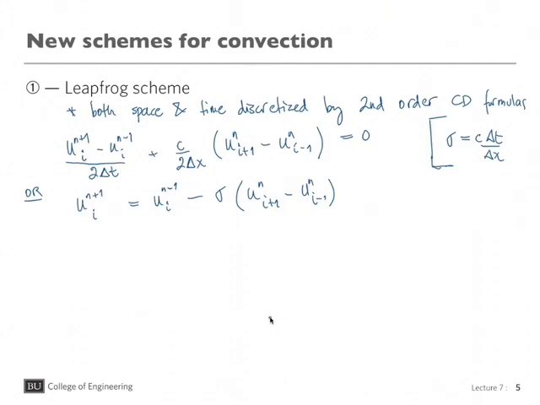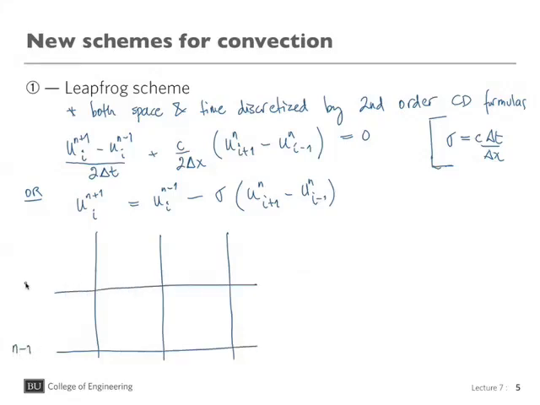Okay, so let's consider now the stencil of this numerical scheme as we've done before. And let me again do this little representation of the mesh around point i. So this would be n minus 1, this would be n, and n plus 1.